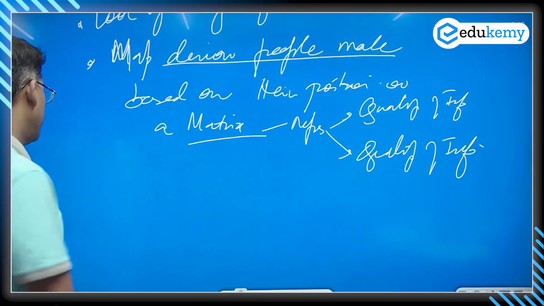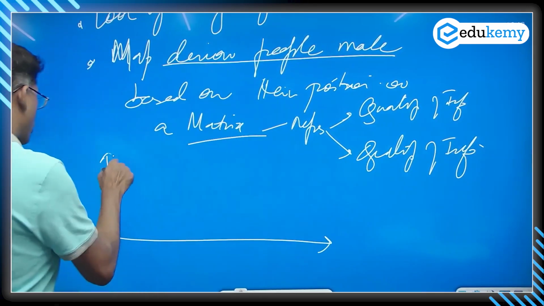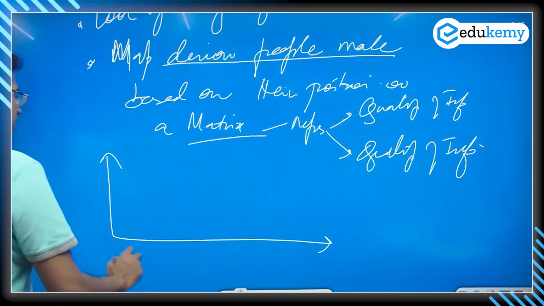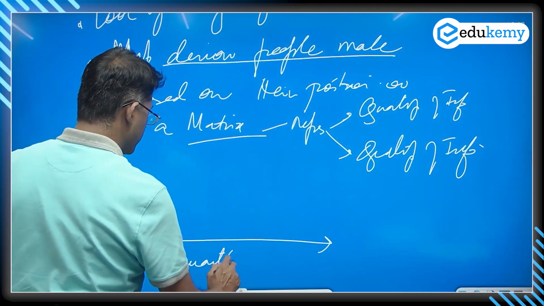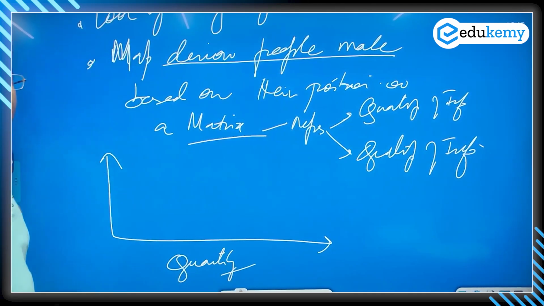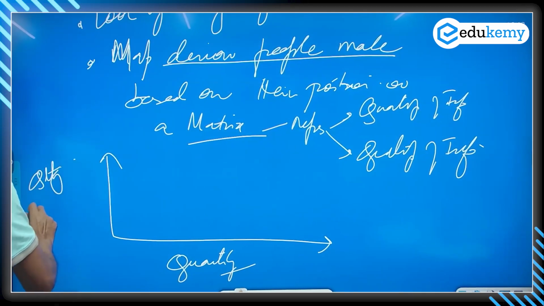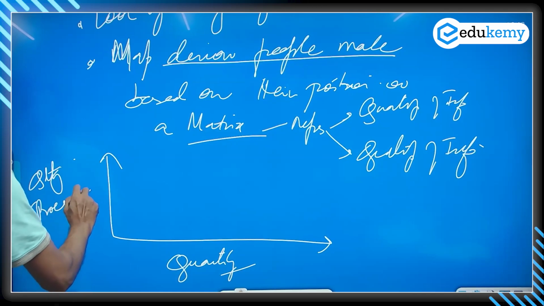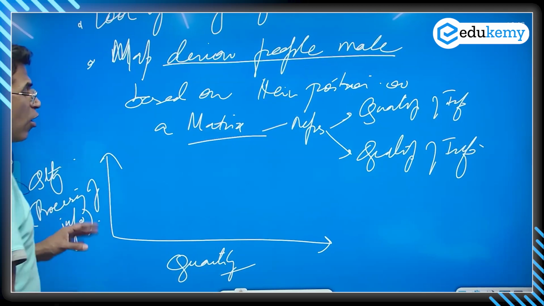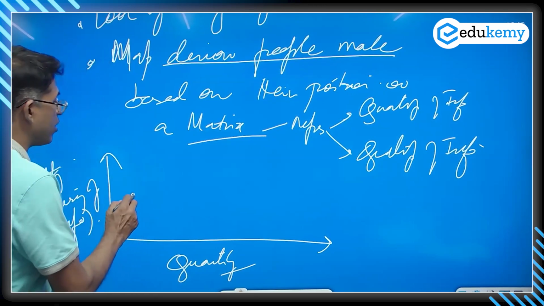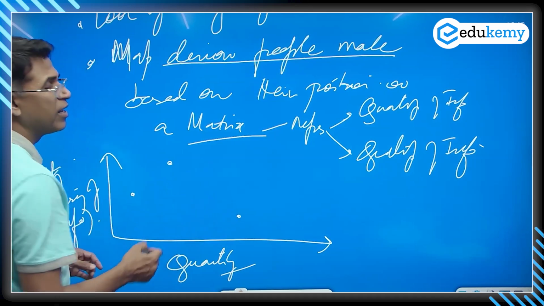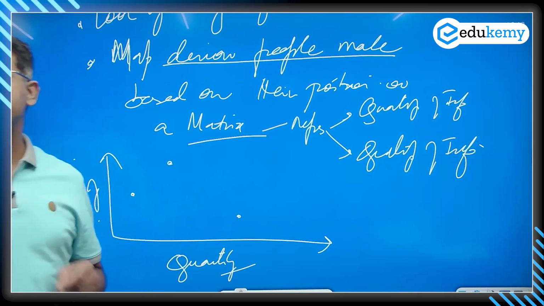So I have a graph like this. On one side, I am plotting the quantity, the amount of information. On the other side, I am mapping the quality. Quality is about the processing of information. And depending on where you are, you are here or here or here, I can tell what decisions you will make.